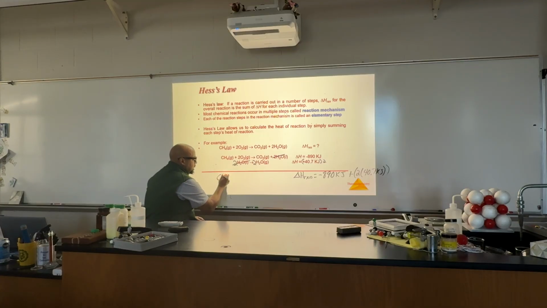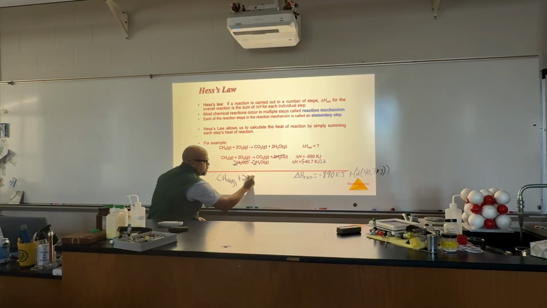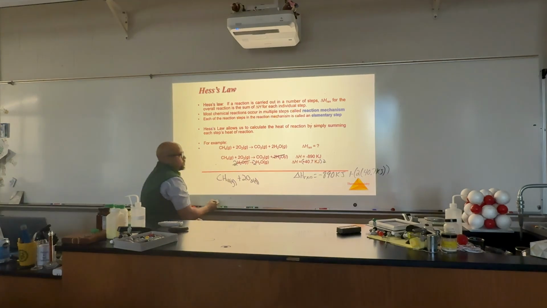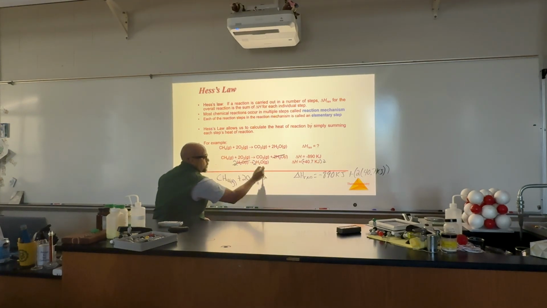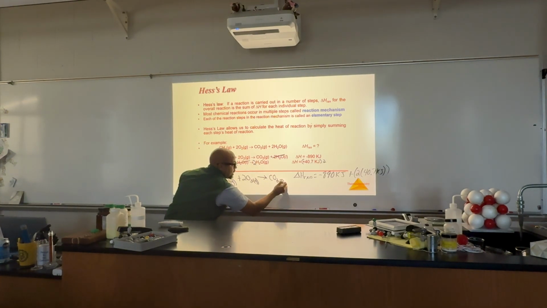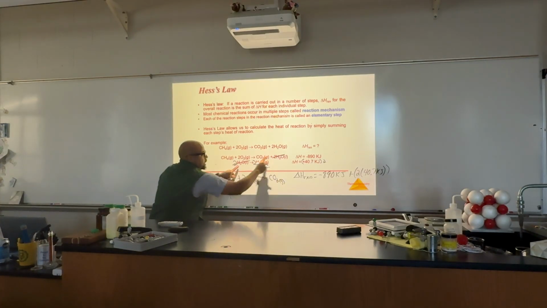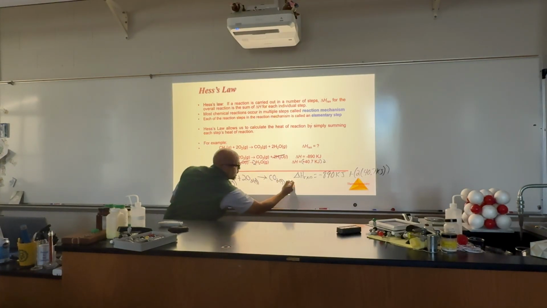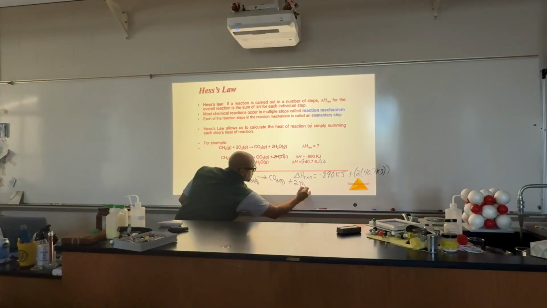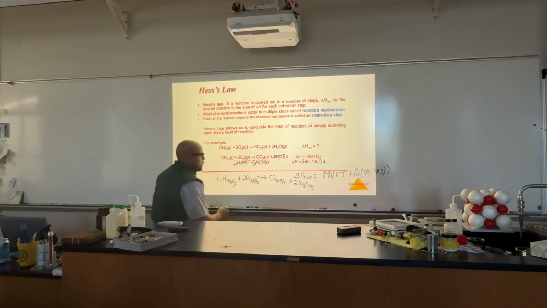I'm going to end up with CH4 gas plus 2O2 gas going to produce CO2 gas. These waters, once again, I subtracted those out, those are gone. Plus I got 2H2O as a vapor.